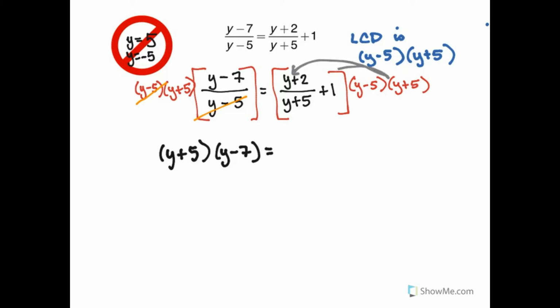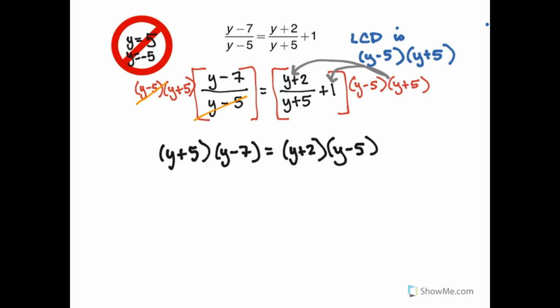On the right, I need to distribute. When I multiply y plus 2 over y plus 5 times y minus 5, y plus 5, it will cancel out the denominator. And I'll just have y plus 2 times y minus 5.